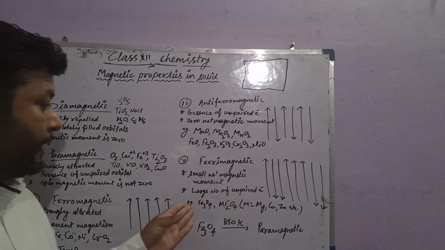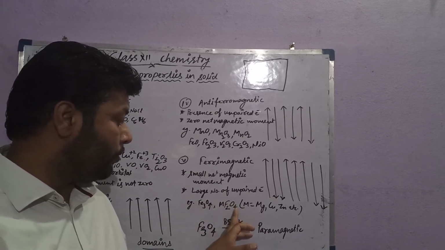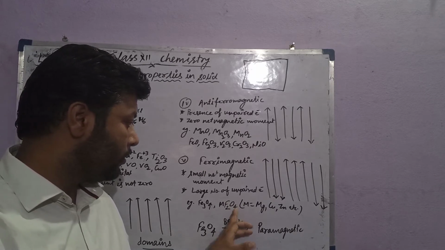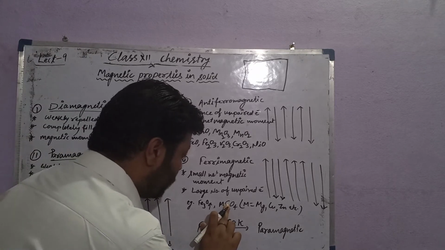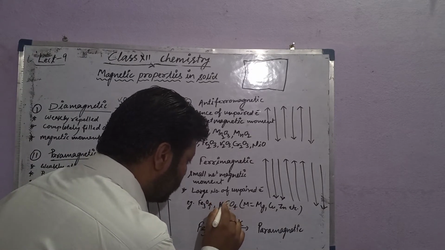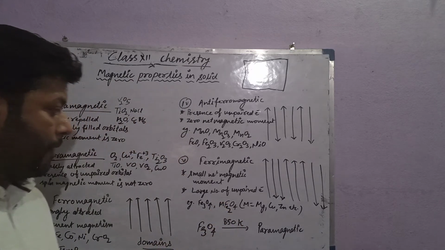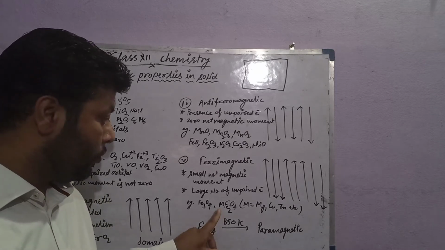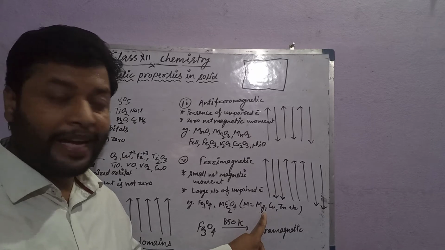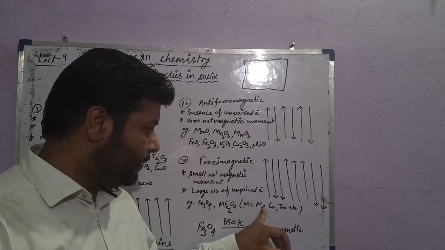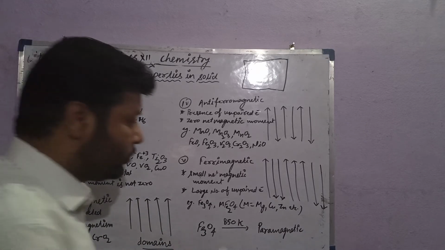So you can see, for example, Fe3O4, and MFe2O4. This is not F2, this is actually Fe2. MFe2O4, where M is a divalent metal such as magnesium, copper or zinc: Mg plus 2, Cu plus 2 and Zn plus 2.